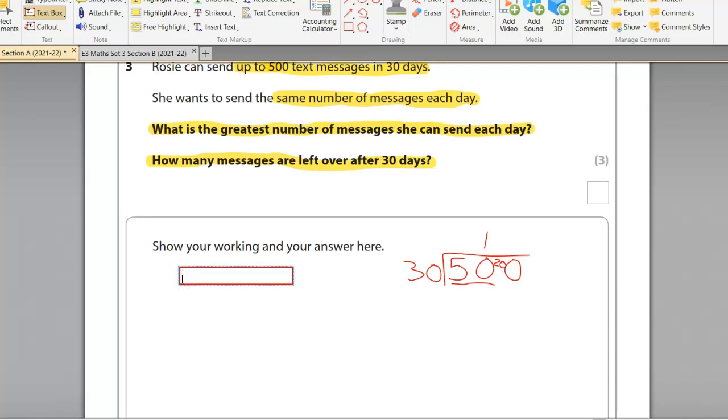If you know your times tables, great. If you're not sure, just keep adding up in 30s, until you get as close as you can to 200 without going over. If I added another 30 here, I'd have 210, which would be too many.